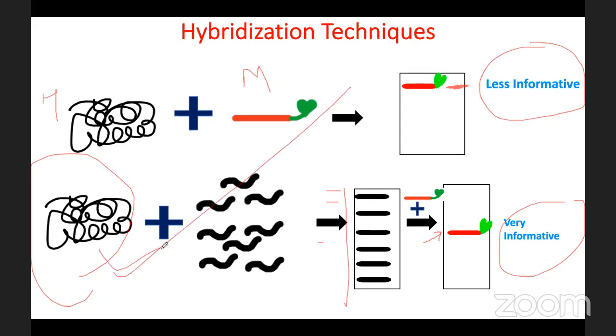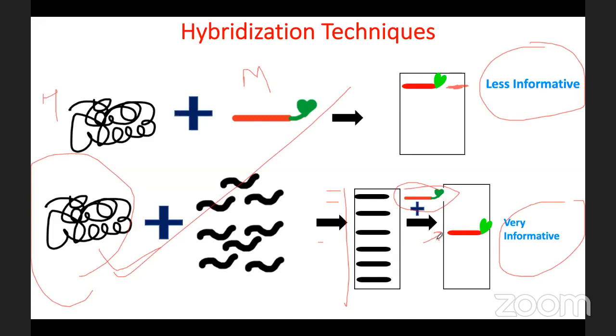So this was just a cartoon to explain, but again it is not so simple. The first thing we do is break our DNA into small pieces. Then we go for electrophoresis, separating those DNA fragments in a media. Then we go for hybridization of this fragment to the fragments which are there in your media.